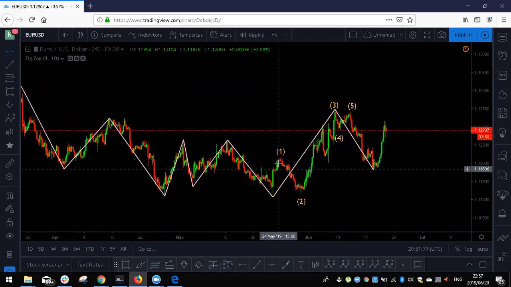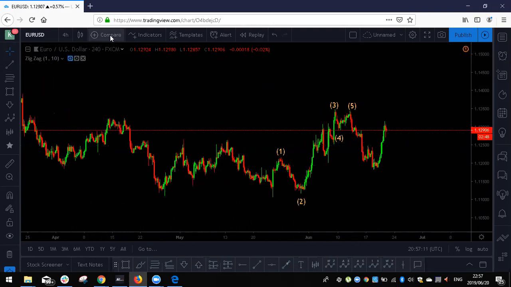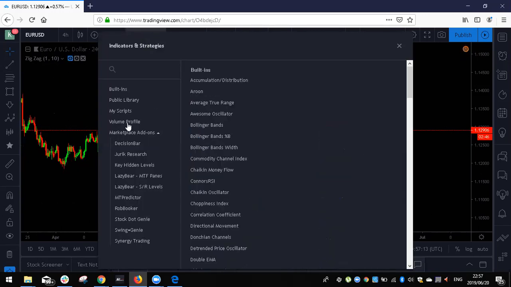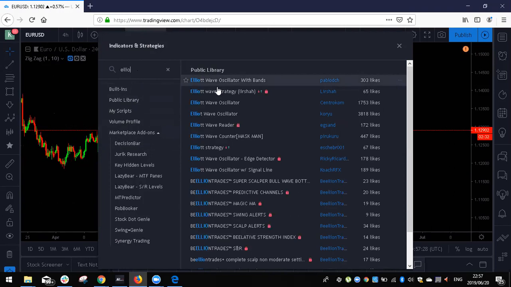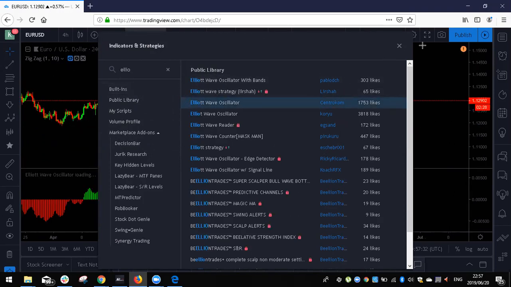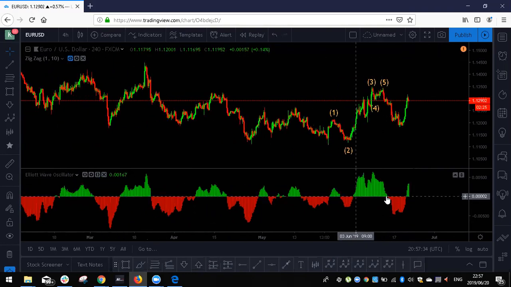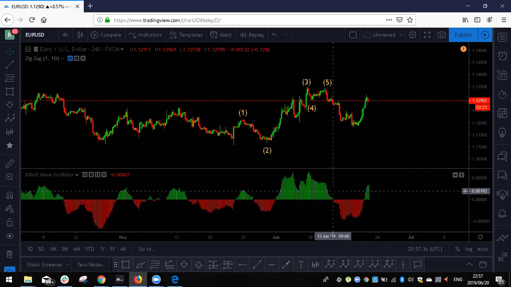It's not really seeing anything in this structure, but let me put in the Elliott wave oscillator. It's basically the MACD. It's a MACD.